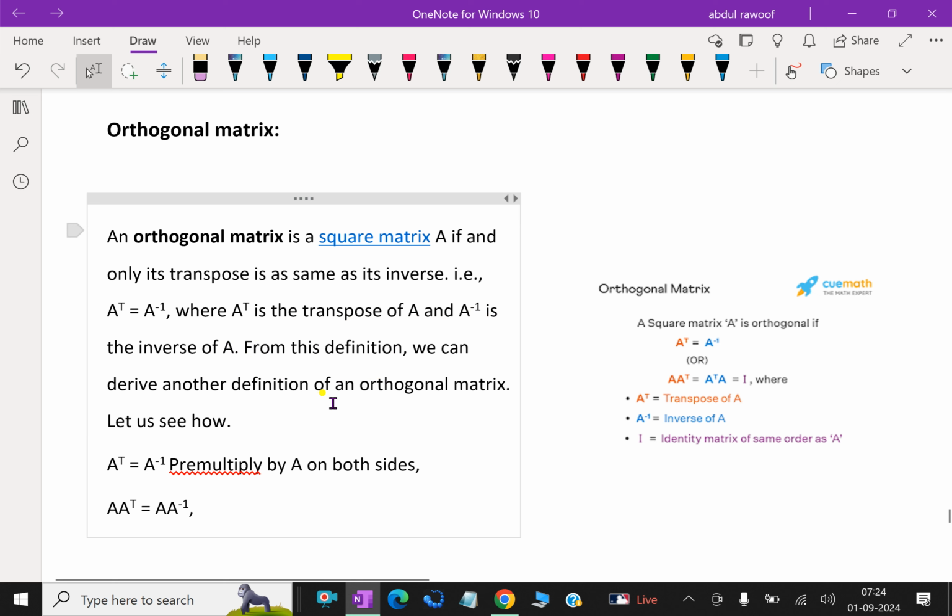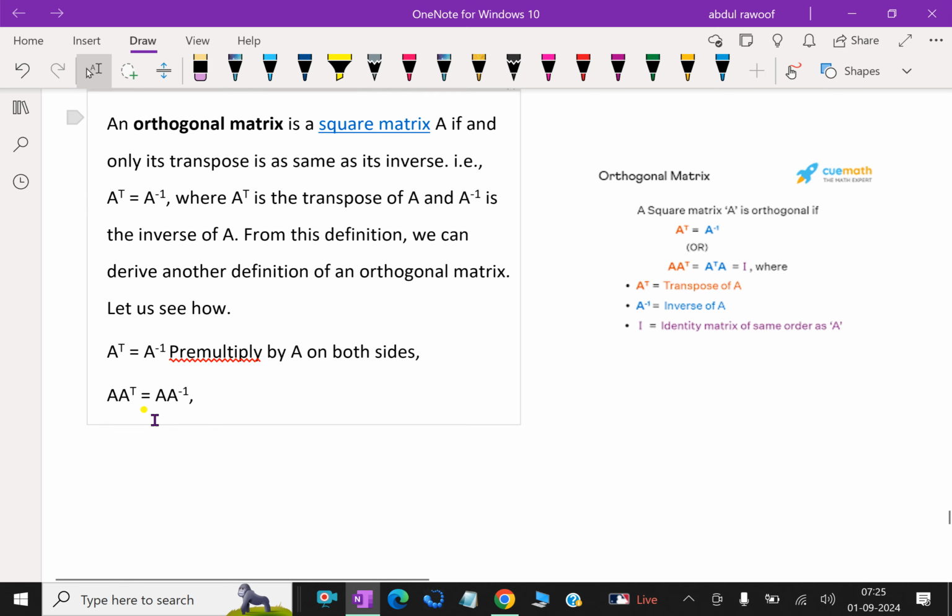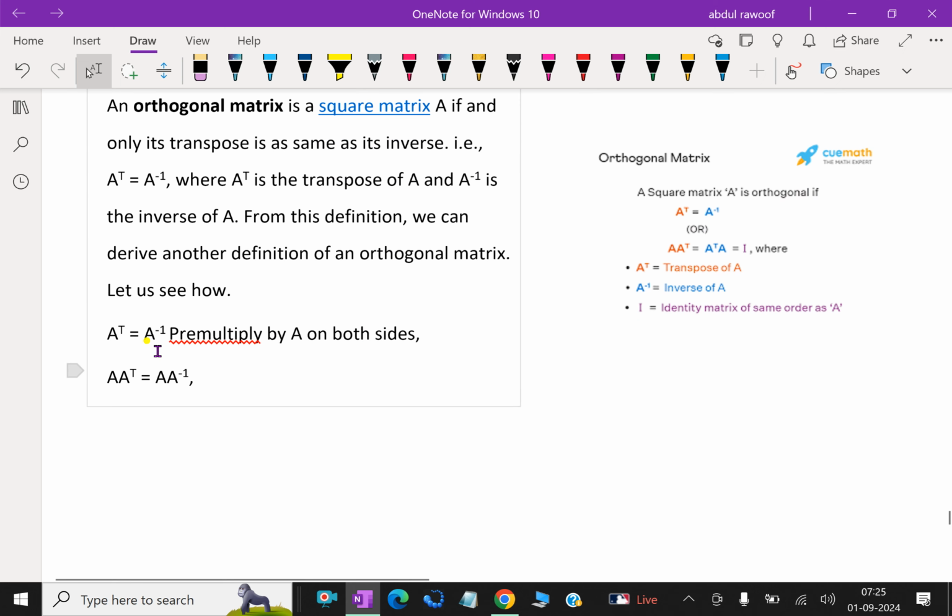From this definition, we can derive another definition of an orthogonal matrix. Let us see how. A^T equals A^-1; pre-multiply by A on both sides.